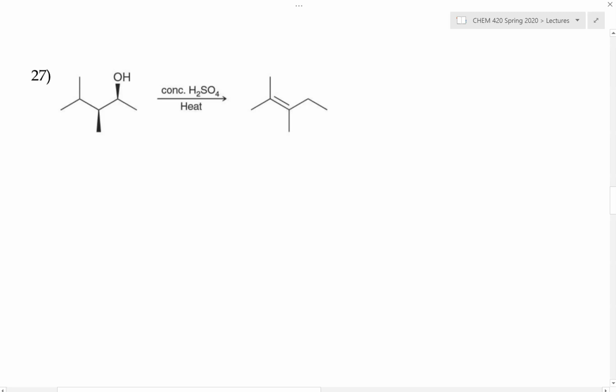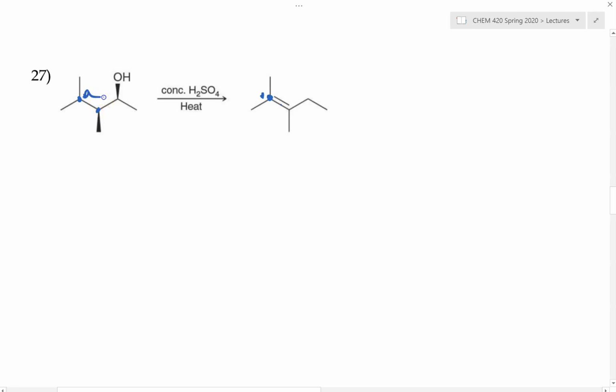So the first thing we should do here is to analyze the reactant and the product and figure out which carbon is which, so that will give us a good clue of what is going on in this reaction. We see that a double bond is formed between these two carbons.